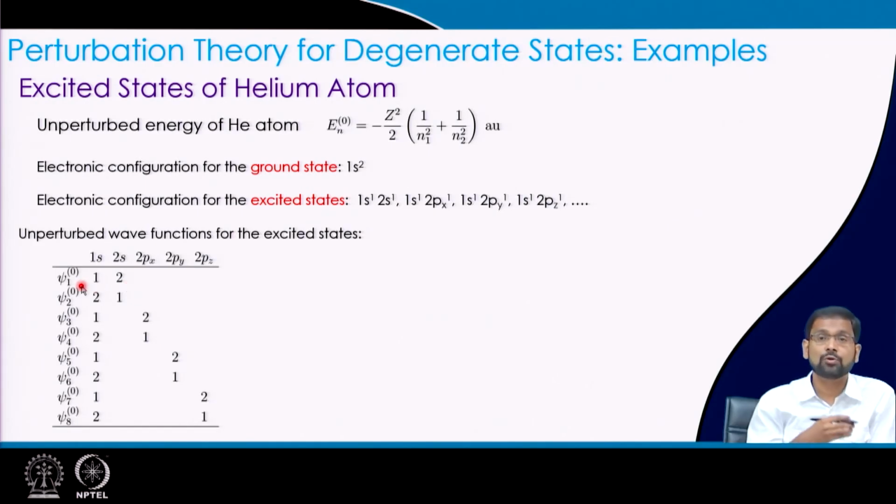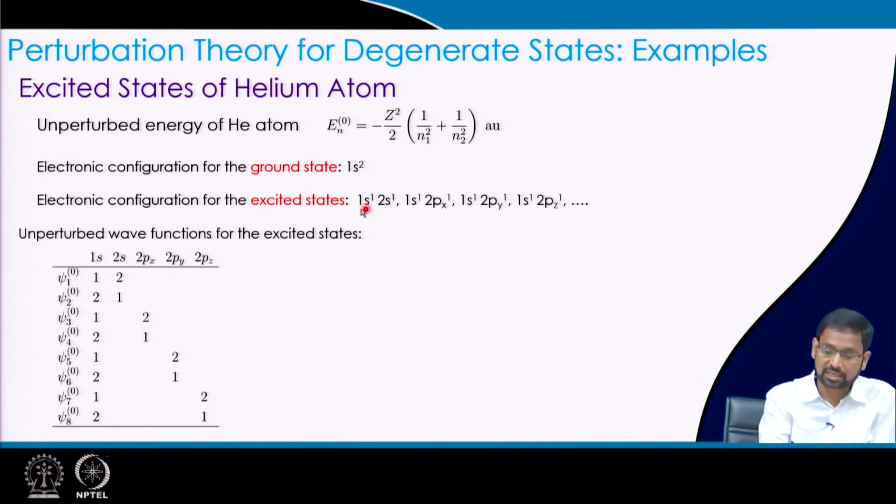But I also want to ensure that the indistinguishability of the electrons is maintained. Therefore, in addition to psi 1 0, I am constructing psi 2 0, where I am simply exchanging the two electrons. So electron 2 goes to 1s and electron 1 goes to 2s, so that the indistinguishability of the electrons is maintained.